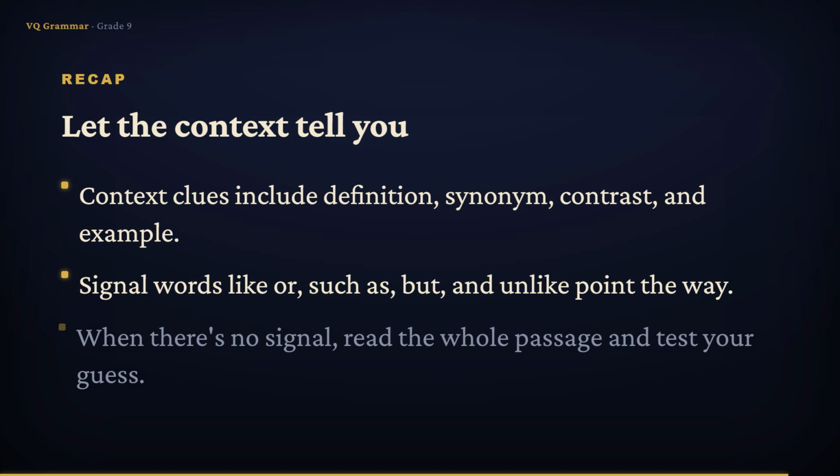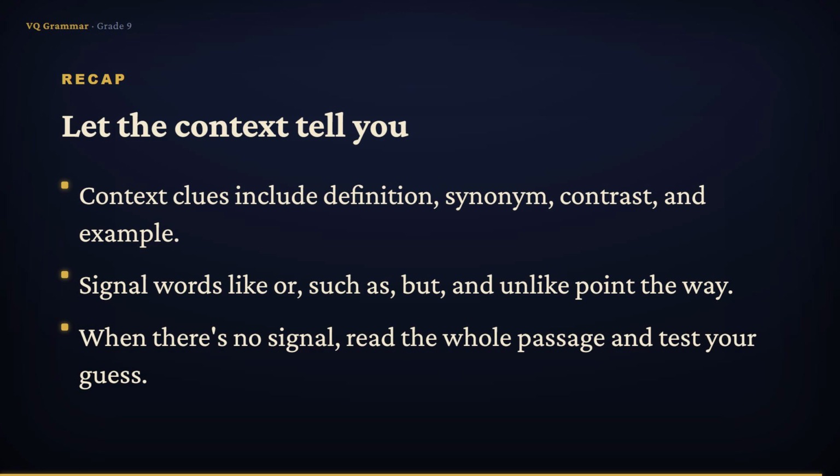Signal words are your guides: or, that is, and which means for definitions; such as and for instance for examples; but, unlike, and however for contrasts. And when there's no signal at all, read the whole passage and then test your best guess by substituting it back in. Do that, and a strange new word rarely has to stop you.